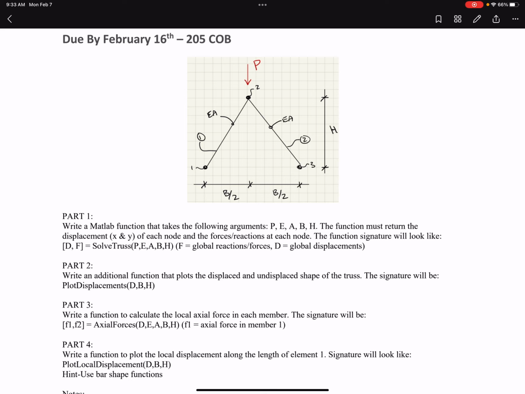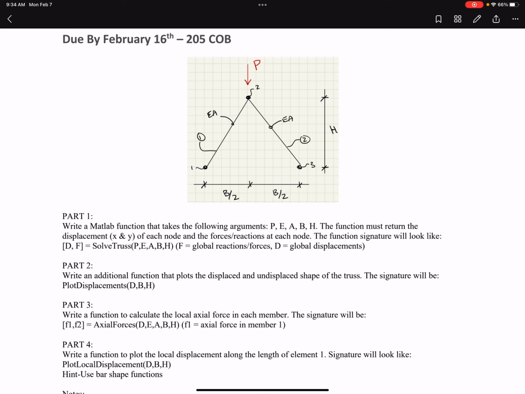And it's going to pump out to you the global reactions or forces and the global displacements, right, in vector form. And then you will subsequently use that as you move down through parts 2, 3, and 4, writing additional functions that allow you to plot the displacements, right?